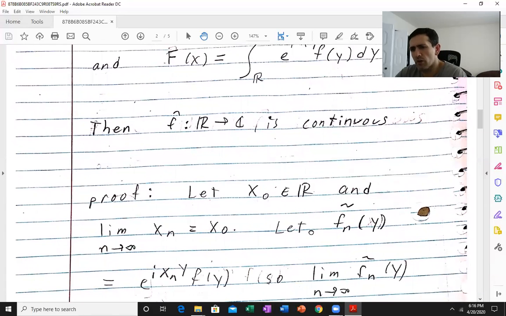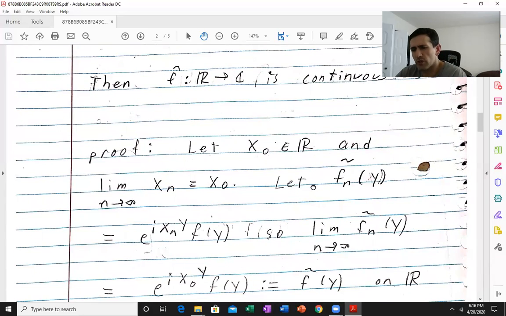So first of all, let's just notice something fairly trivial, and that is f_n tilde of y converges to e to the i x_0 y times f of y. e to the i x_n y, in general, e to the i x is continuous because cosine is continuous and sine is continuous.